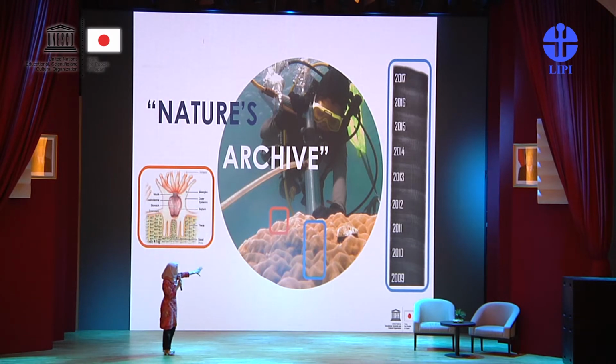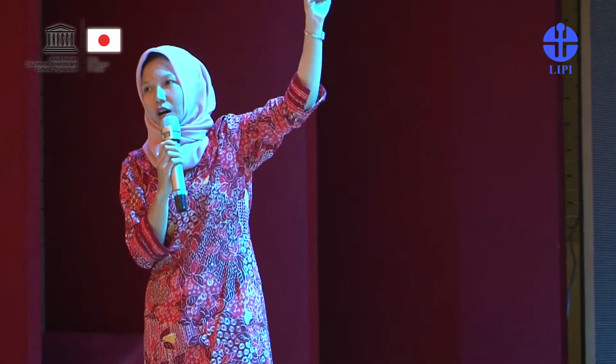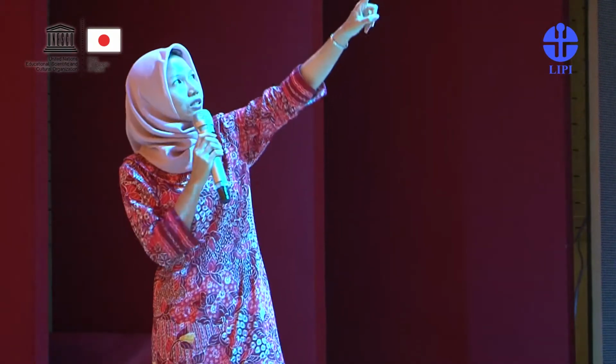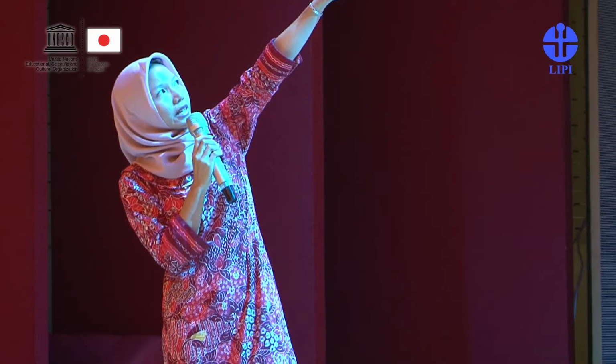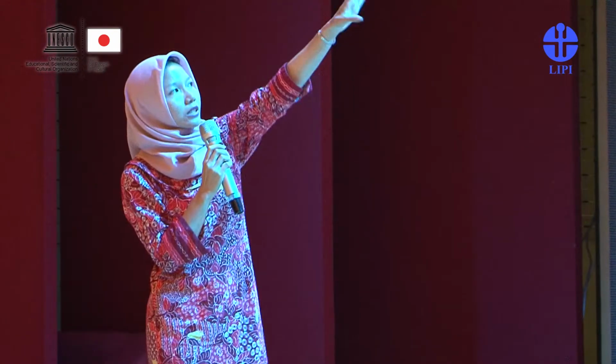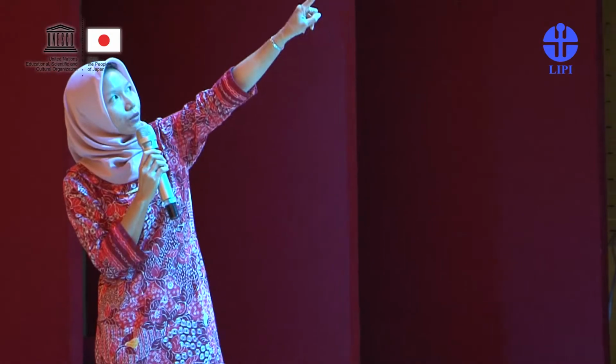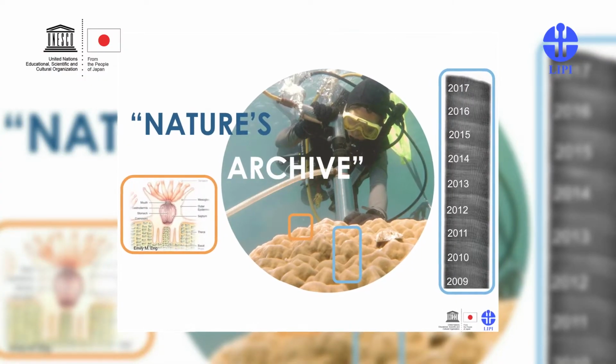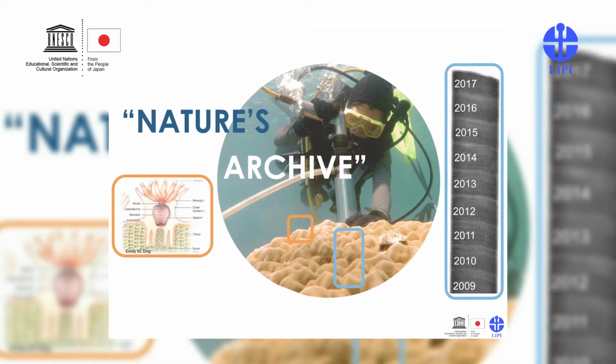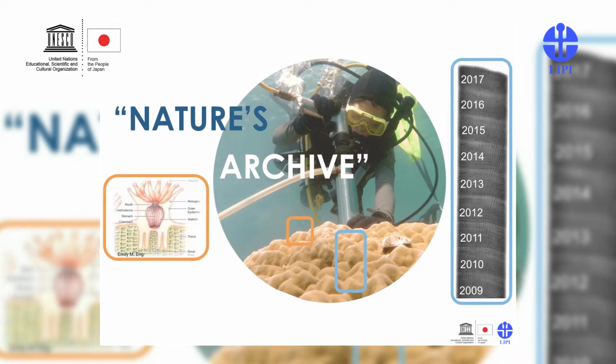So if I drill these corals and put them in the lab, what I see is rings of seasonal change. So if, let's say, I take the samples in 2018, I can see what happened in 2017, 16, 15, and so on and so on. So this is our archive.